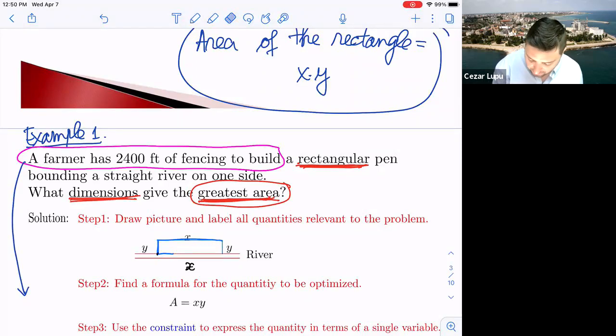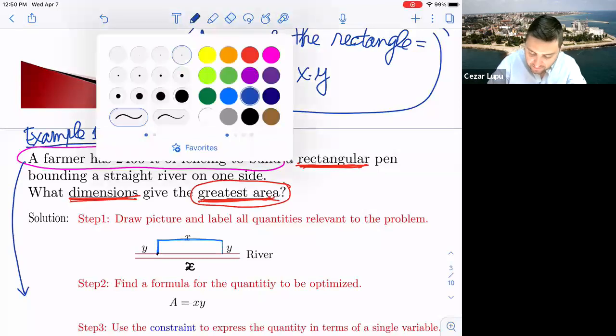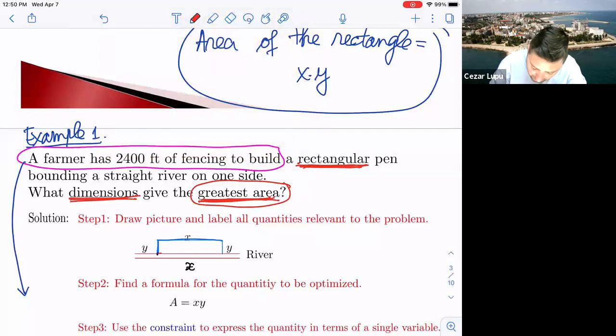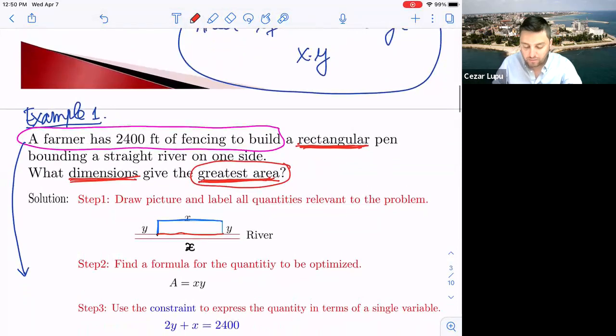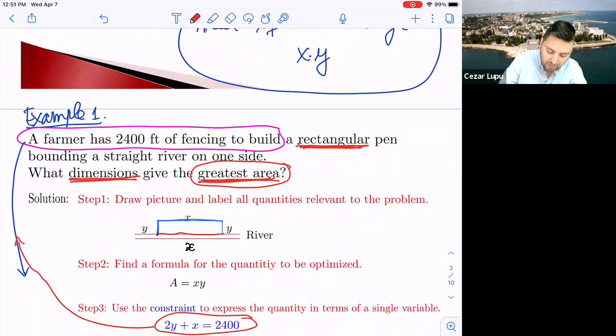You don't need that side over there, because the river is already there. So we're going to take this, so it's going to be x plus 2y. That's how we're going to translate this.